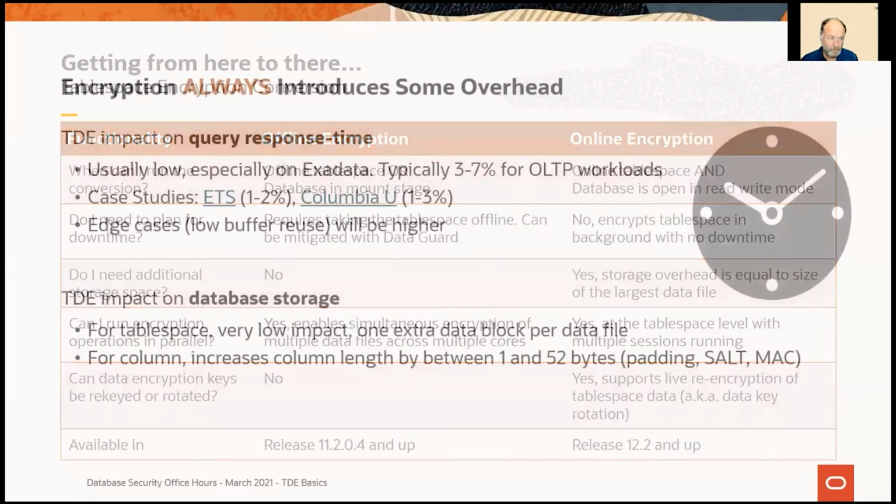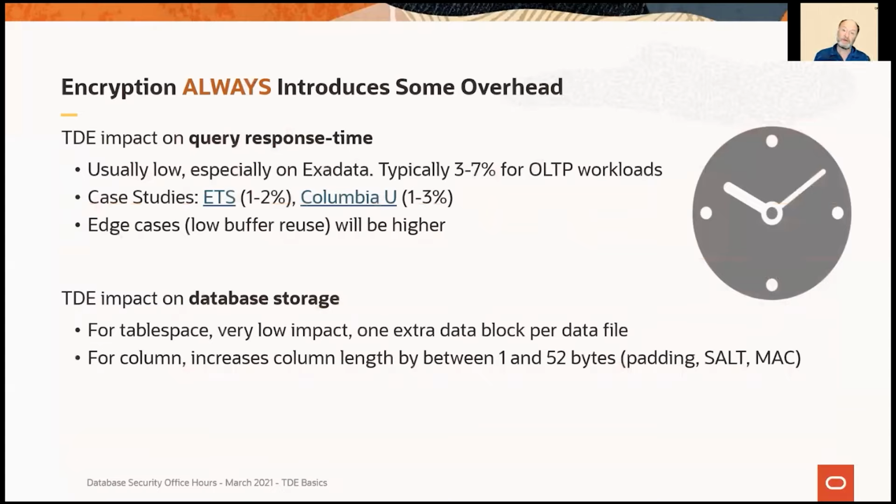Okay. Now, we talked a little bit about performance. Encryption always induces overhead because you are asking the processors to do more work. You're asking them to do whatever they were doing before, plus the work involved in encrypting data as you insert or update the database, and decrypting data as you select it from the database.